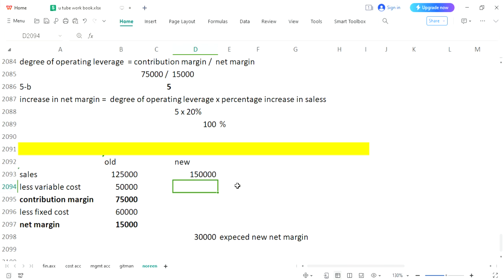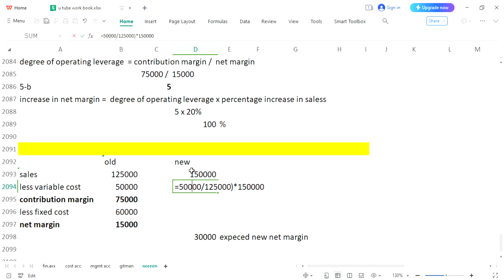And obviously if your sale is changing, variable cost would also be changing. For that we have a desi formula. Old variable cost 50,000 divided by old sales 125,000, and it would be multiplied by new sale, which is 150,000.